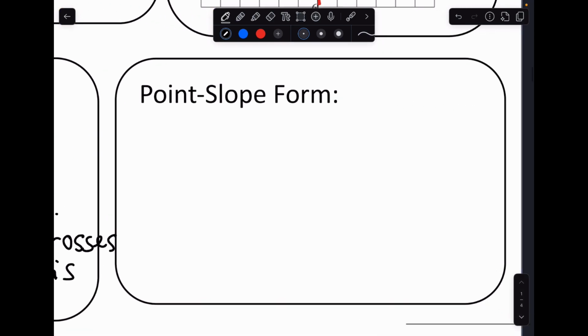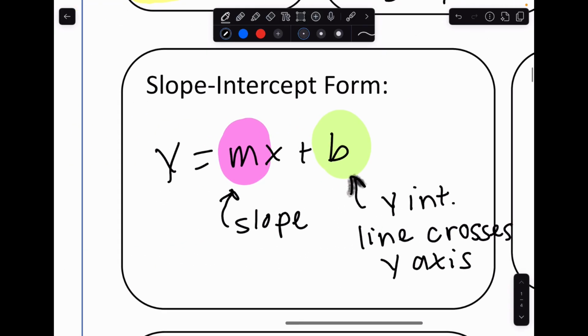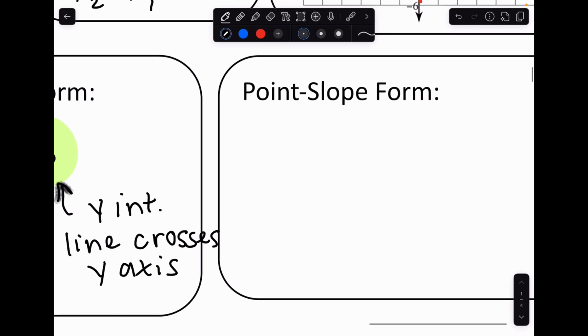Okay? Moving on. We have our point-slope form. Okay? Let's go back to our slope-intercept form really quick. Remember, our intercept comes from our b, and our slope comes from our m. Those are the two variables we have. Those are the two things we really care about in slope-intercept form.